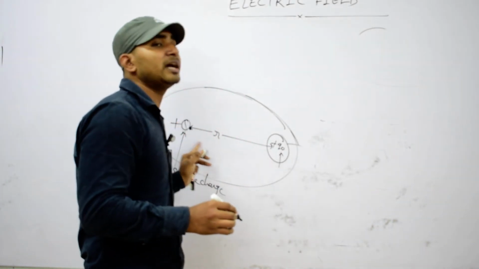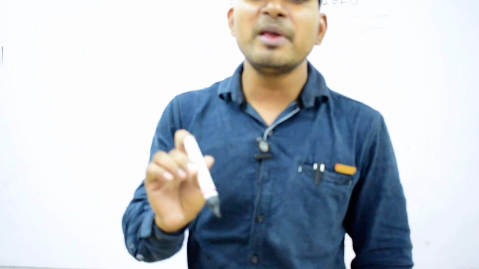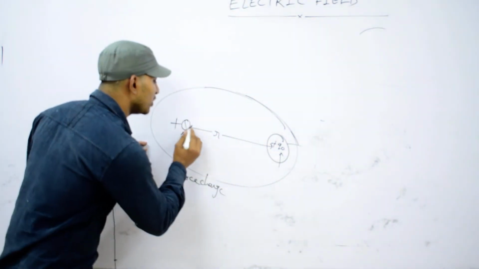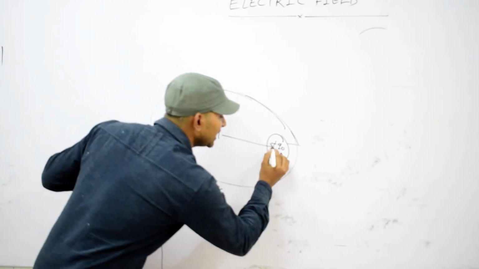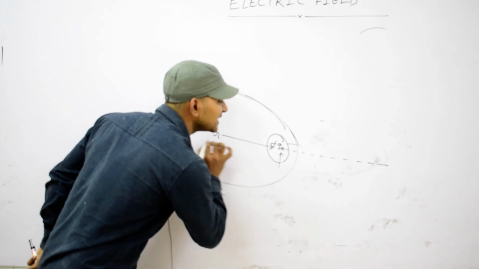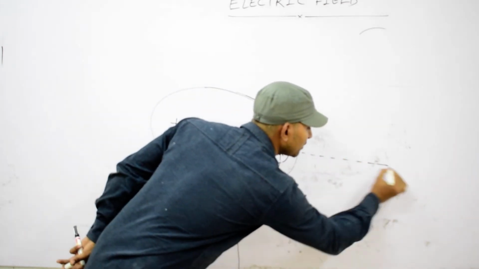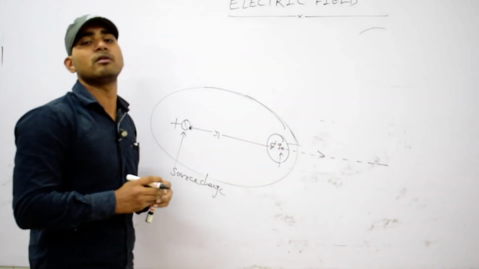The plus Q charge will remain at its own position, but the force will be experienced by the test charge, which is used for testing purposes. If this charge repels the test charge, it will move away along the central line, and the direction of the electric field will be along this central line. So this is the direction of the electric field in this case.